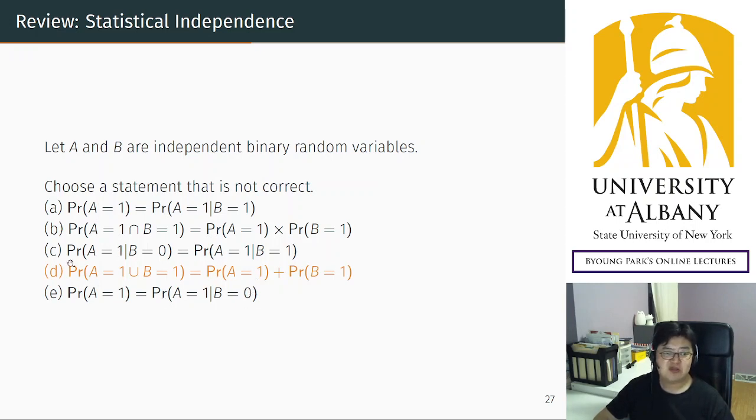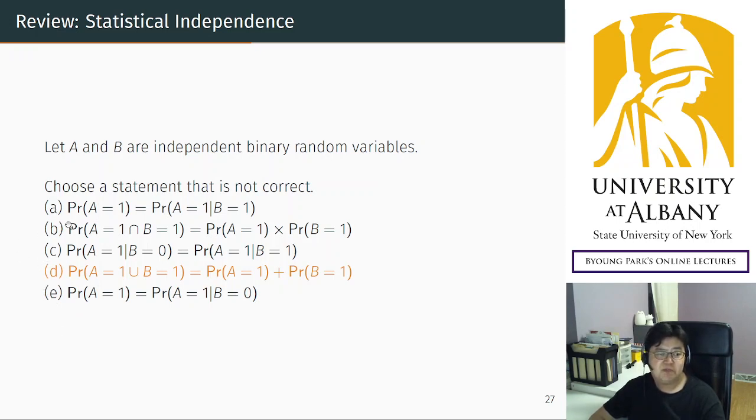Or if you combine A and E, you obtain C. The probability of A does not change even if B is 0 or 1. So the value of B does not matter to the probability of A. So A, C, E are basically the same thing.